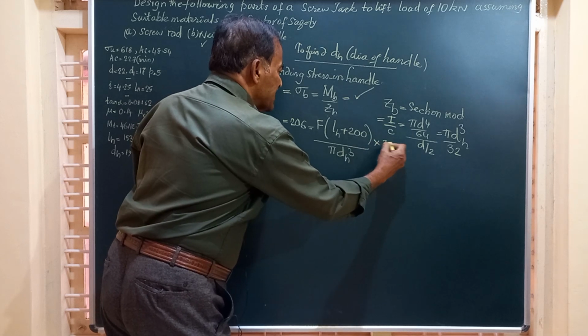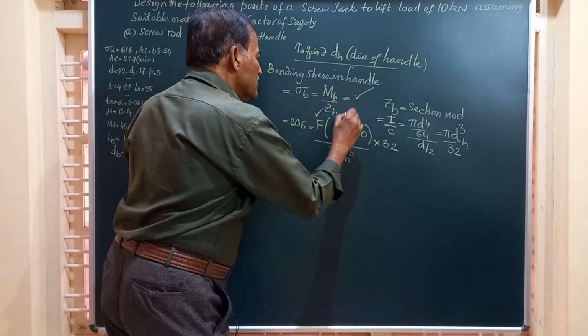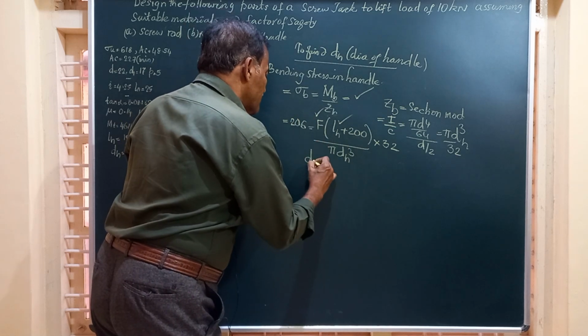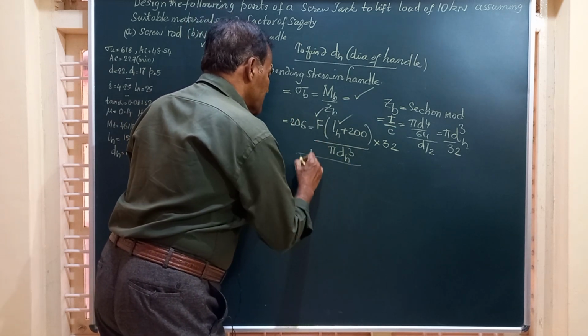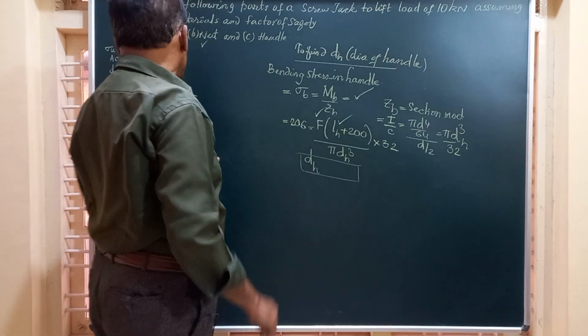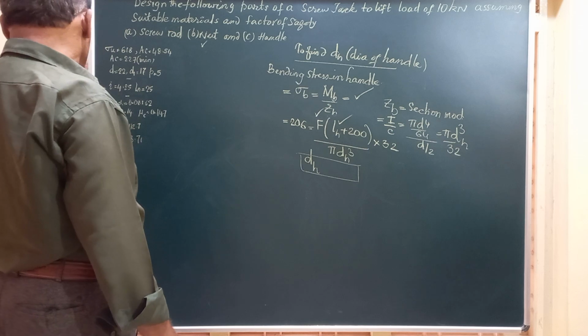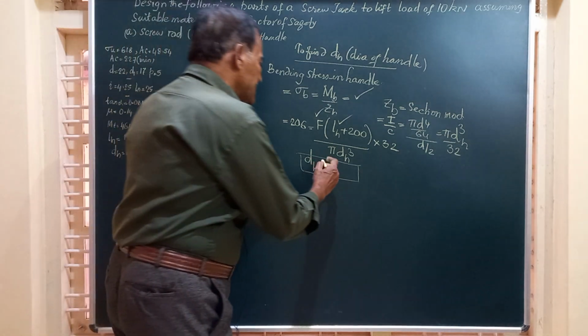I will take it to the numerator. I know this value. This we have calculated, and you will be able to arrive at the value of dh. That is the diameter of the handle required works out to dh as 19 millimeter.